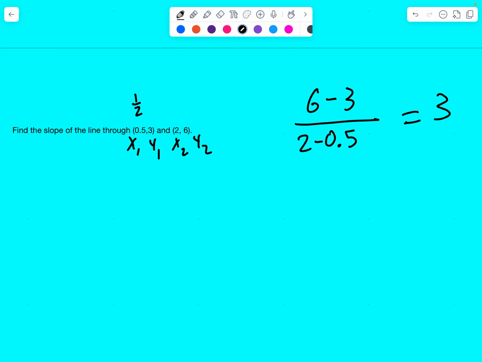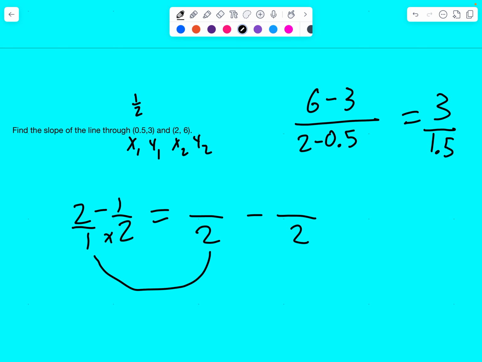That's the question. There's a few ways of doing it. I know that 2 minus 0.5 is 1.5. But if you wrote it as a fraction, 2 minus 1/2, never fear. Let's just solve a fraction subtraction. You have 1 and 2 in the denominators. You can multiply them together, or you could realize that they both go into 2.